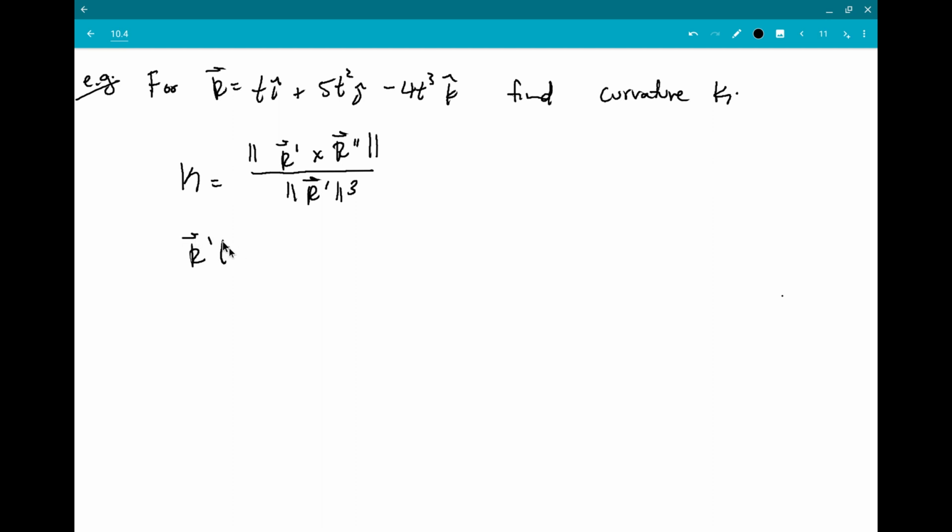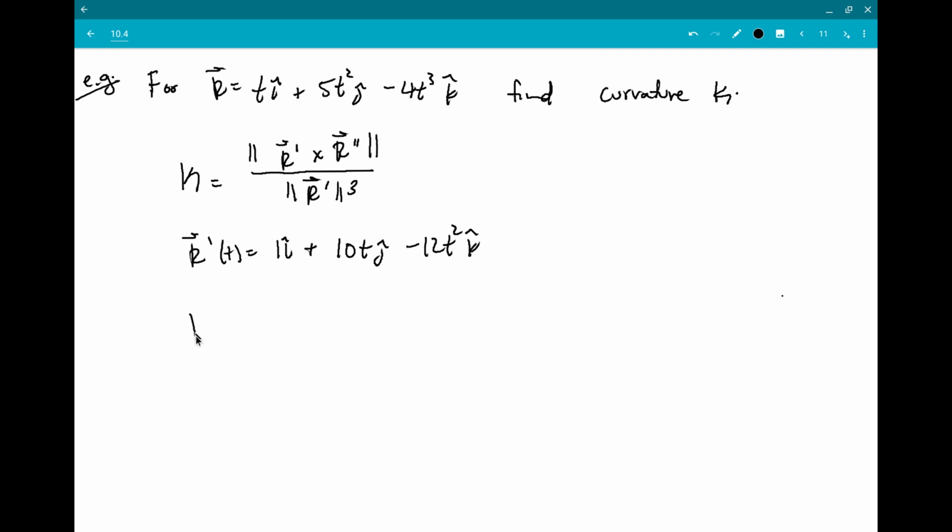So if I'm given r, I know that I can compute its derivative. r prime is just going to be: derivative of t with respect to t is 1 i hat. Derivative of 5t squared is 10t j hat. Derivative of minus 4t cubed is minus 12t squared k hat.